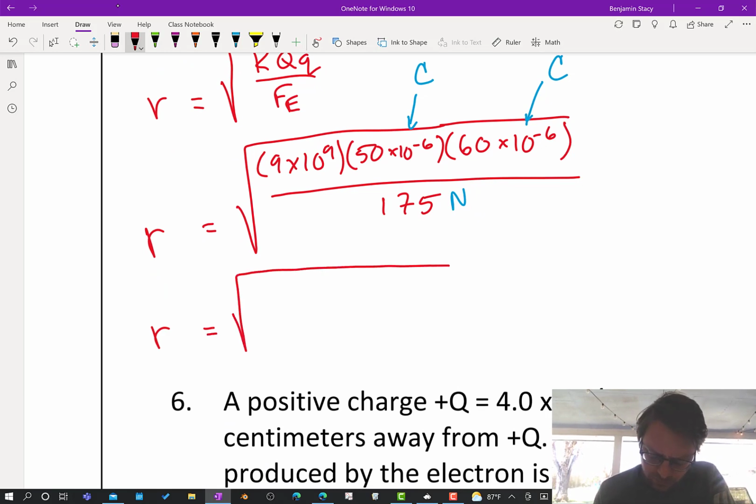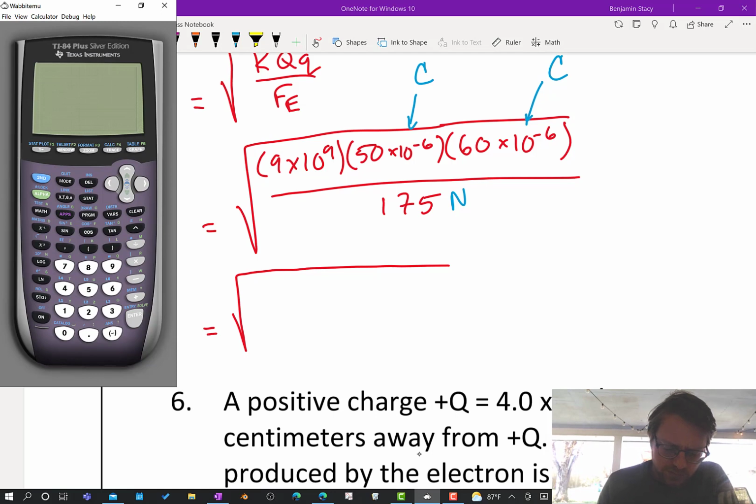Let's do everything at once in our numerator. 9e9 times 50. I didn't change it to 5, right? It's 50e minus 6, or I could do 5e minus 5, times 60. Make sure you're using the exponent function. Don't write times 10 to whatever power.